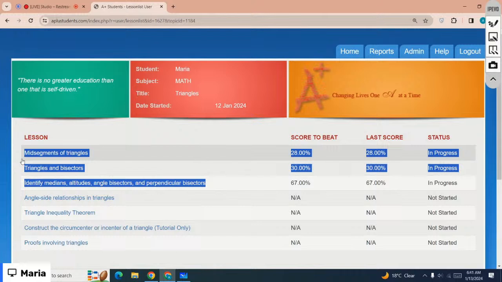So please make sure before the next session you complete all the practice questions for the lessons we did today. That is just conceptual. You need to clear your concepts. What is the median, altitude? Just understand what these things are, right?